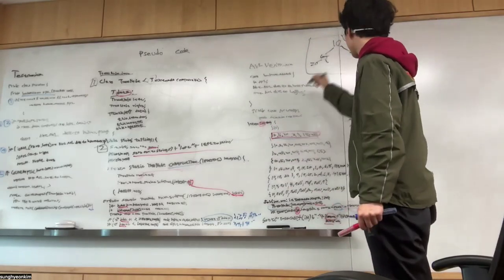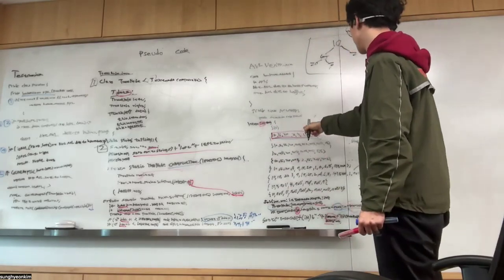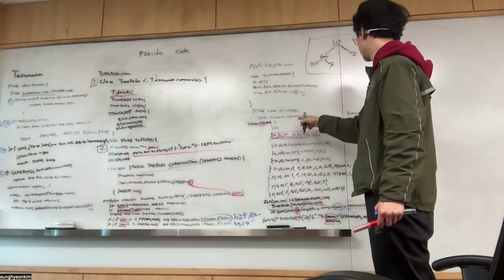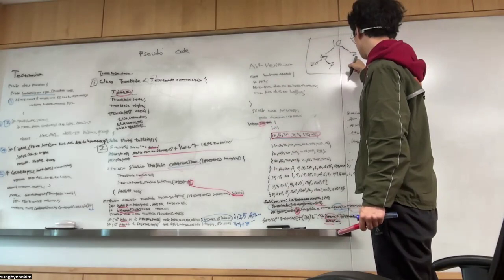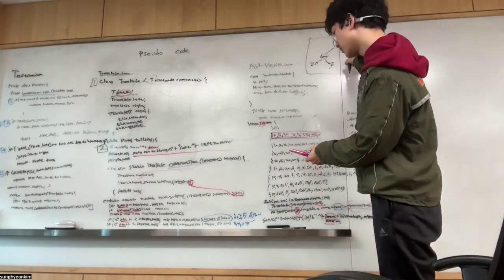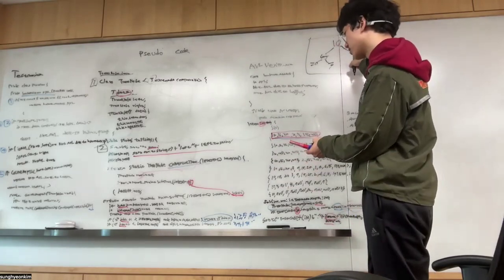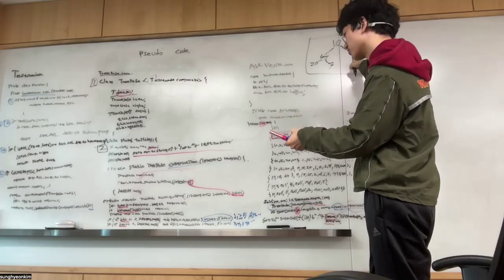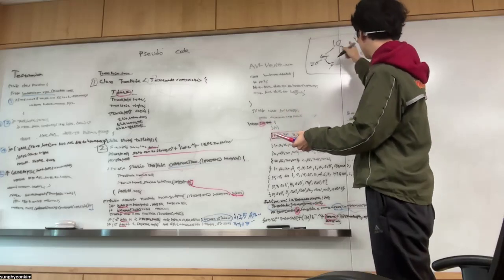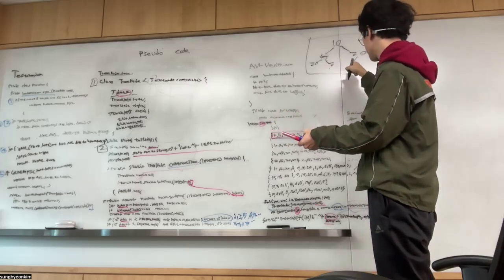There will be 3. 1, 2, 3, 4, 5. 3 multiplied, 1, 2, 3. 3 multiplied by 2, 6, 7. 1, 2, 3, 4, 5.